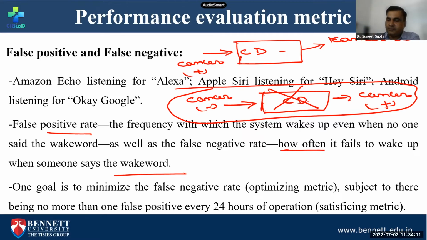But in the second situation, a person does not have cancer, but your model has detected cancer. Maybe it is possible that the person goes into depression, and due to the depression, a person can also commit suicide.